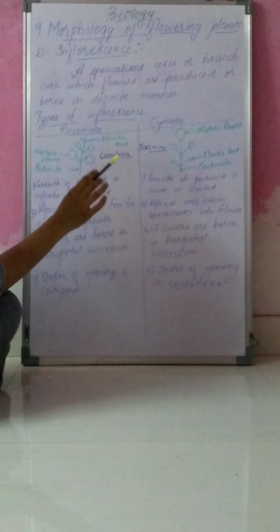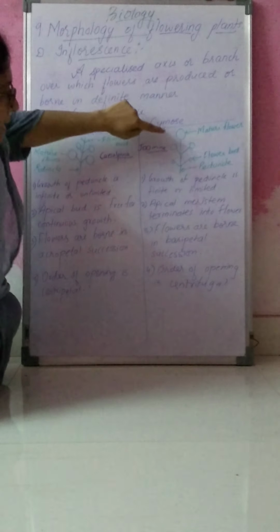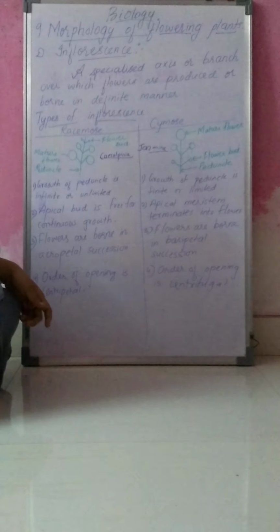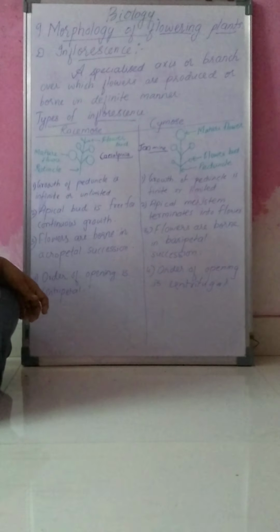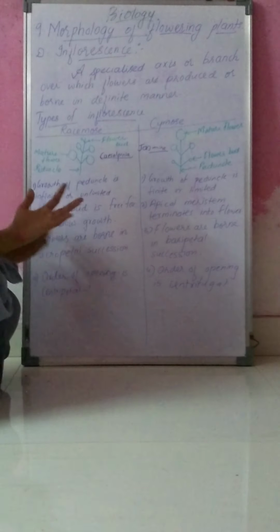Why the growth of the peduncle here is finite or limited? You can see here mature flower is present at the terminal part. As the mature flower is present at the top of the peduncle, hence the growth of the peduncle is limited.